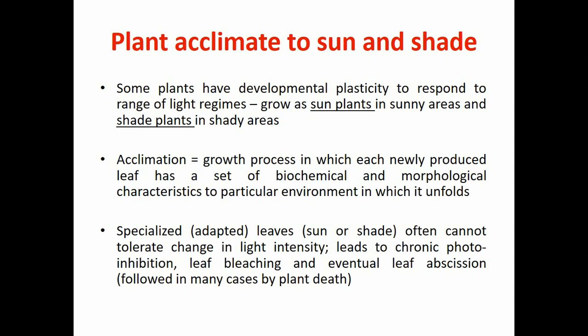So now I take a species, two plants, same species, I grow one in sun, one in shade, and they adapt. And they become specialized. And then I take them out and I switch places with them. And they are not able to adapt quick enough.